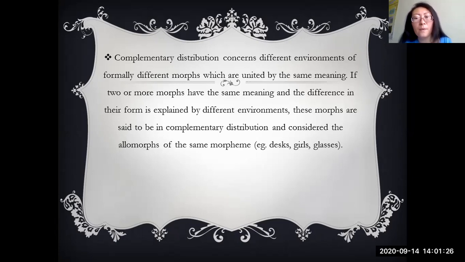Example: desks, girls, glasses. In this example, pay attention to the pronunciation of the last sound S. In desks, it's pronounced like S. In girls, it's pronounced like Z, and in glasses, it's pronounced like iz. Glasses.